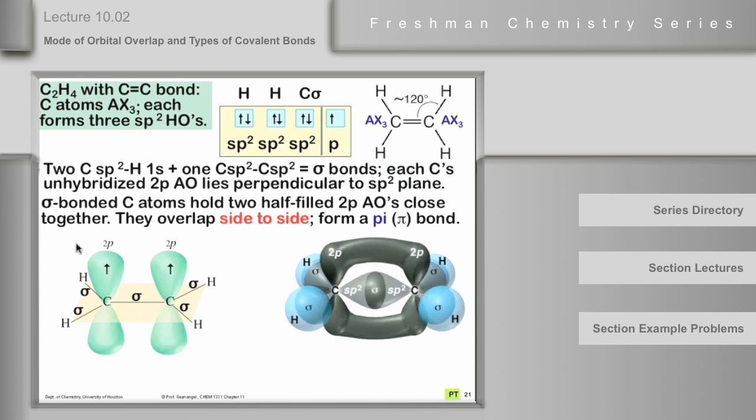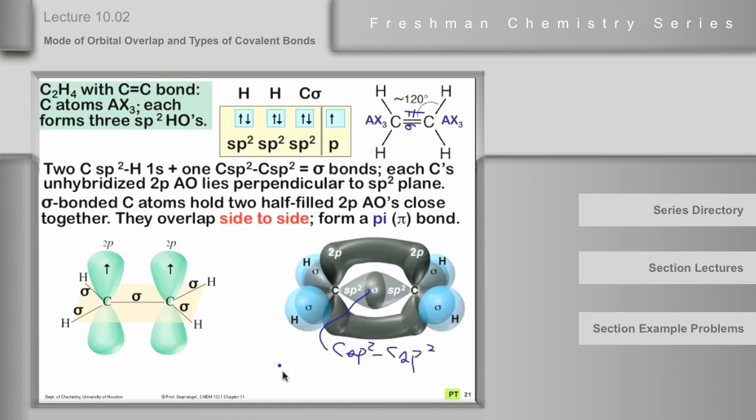Okay. Yes, go ahead. What's the notation that you use to describe the C double bond? This carbon double bond, you have two bonds. One of them is a sigma bond, and one of them is a pi bond. The sigma bond down here is carbon sp2, carbon sp2.